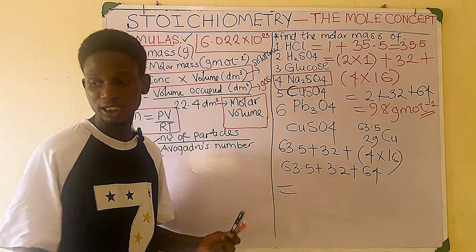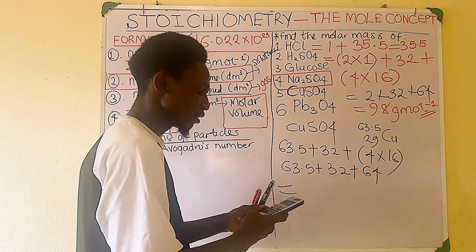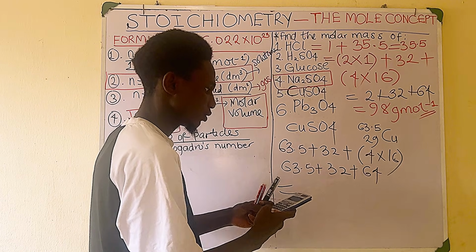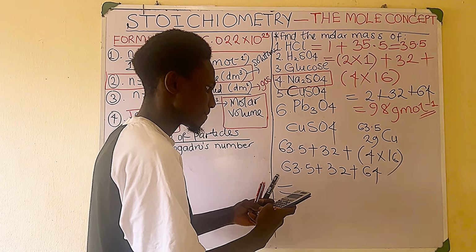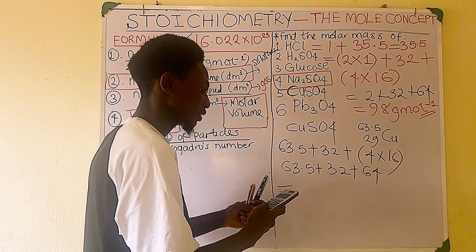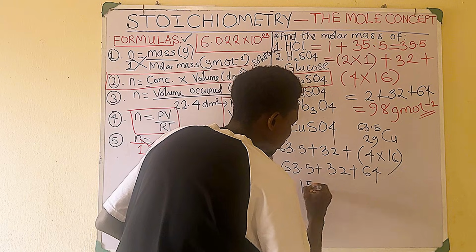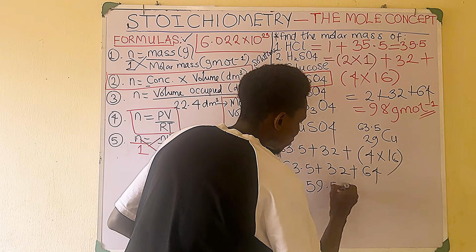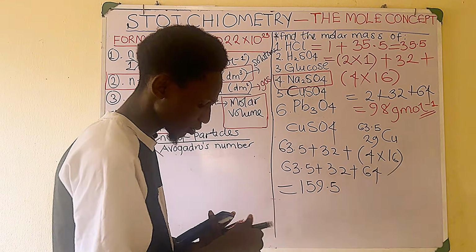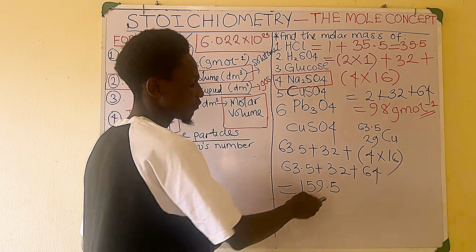Let me get the exact answer. Although I can still work it out, I don't want to give a wrong answer in the video. 64. That is 159.5. So the molar mass of CuSO4 is 159.5.